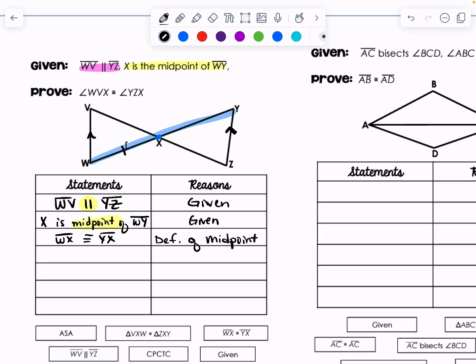I'm going to label that right now. So I have a segment there and a segment there. And then I'm going to do the parallel lines next. Let's say this is parallel to this, and I'm going to use that blue line as a transversal.